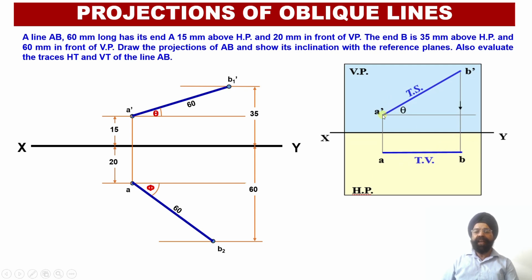Now I know that whenever I have got the true length of a line available with me in the front view, I am going to use this basic fundamental of the projections of the line.